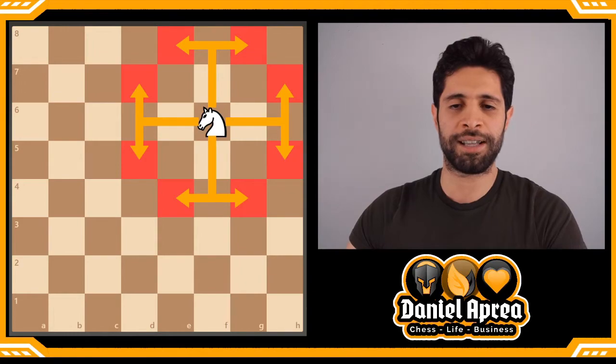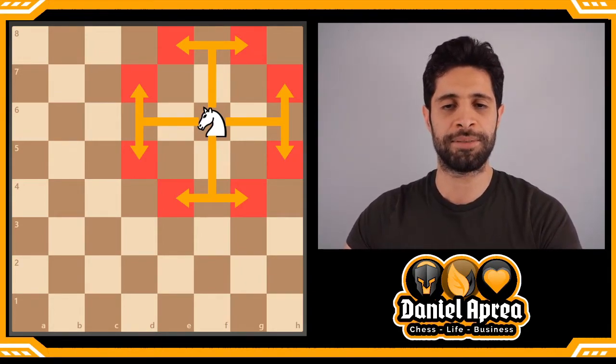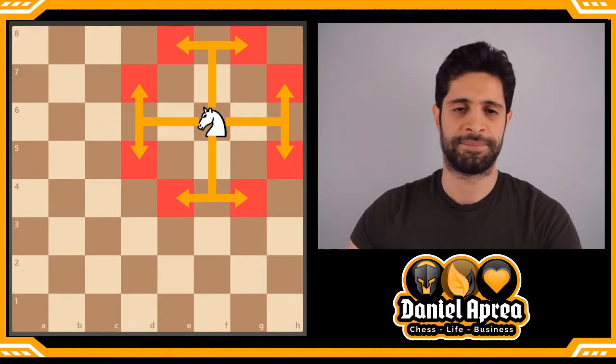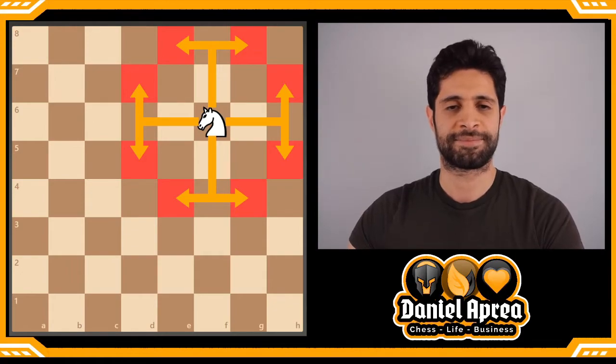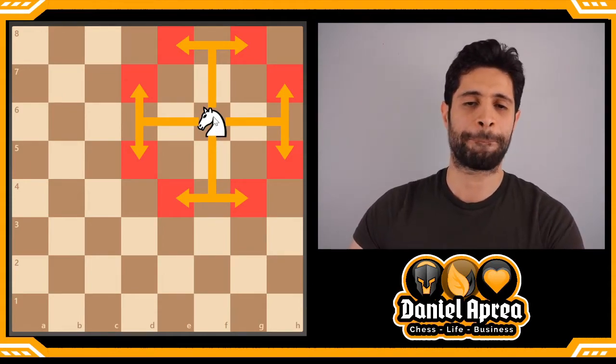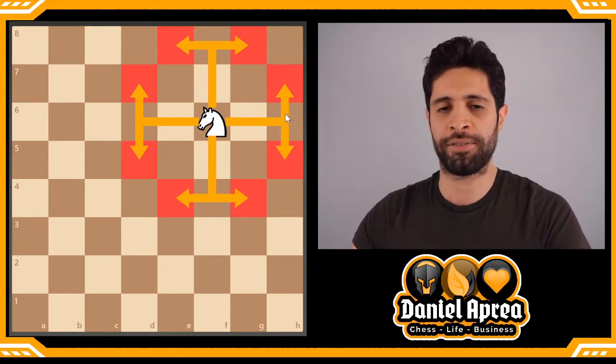So what can you notice about the color of these squares that the knight can jump to? That from a dark square it can only jump to light squares, so from light squares it will only be able to jump to dark squares. Correct. Very good. So unlike the bishop, the knight can be on a square of any color.